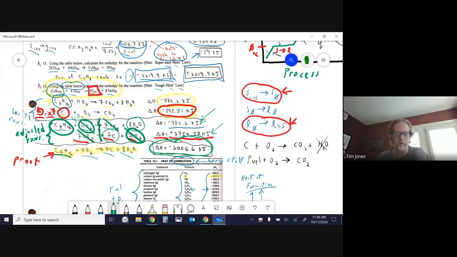So if you're given a particular chart to use, so let's say you were given a formation chart, make sure you do formation reactions. If you're given a combustion chart, like in this particular example, do combustion reactions. If you're given both charts, then you get to pick whatever is going to make sense, which means there actually might be more than one way to do it.